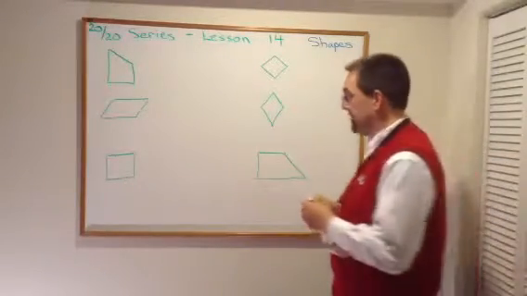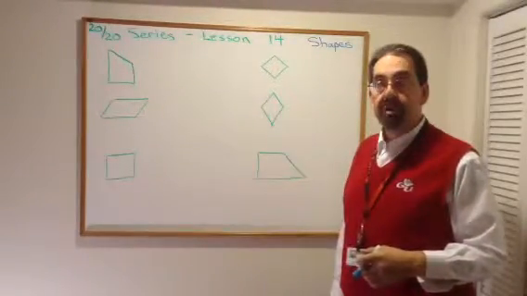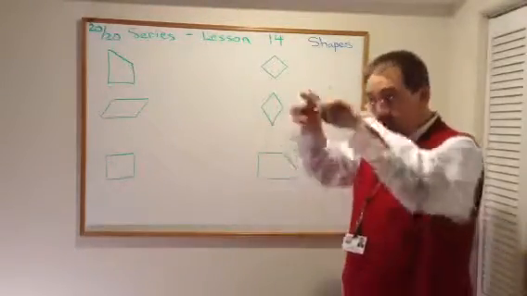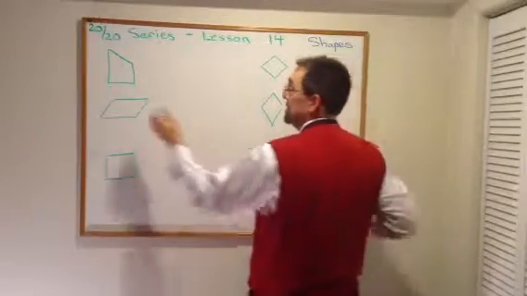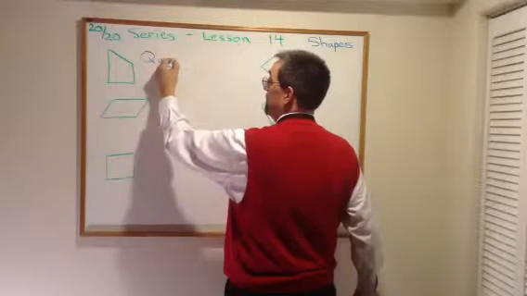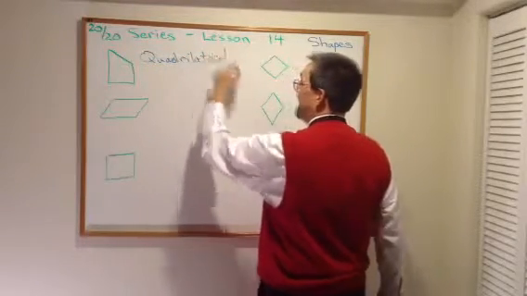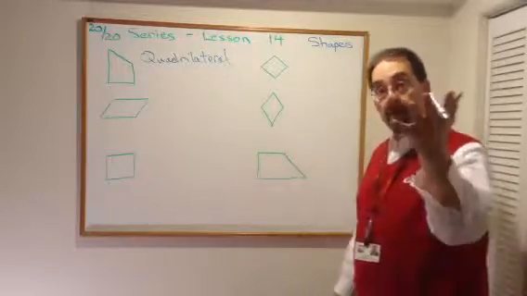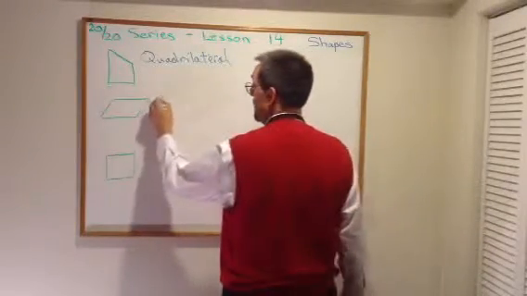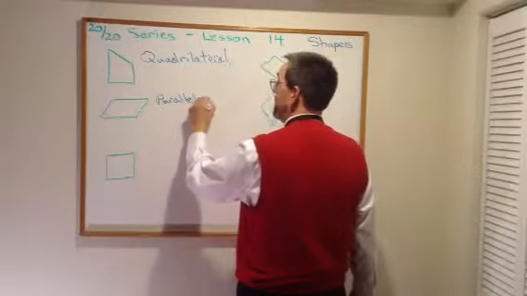Let's get started. The very first thing, quadrilateral. A 4-sided object that is closed. So a 4-sided object is a quadrilateral. Parallelogram.